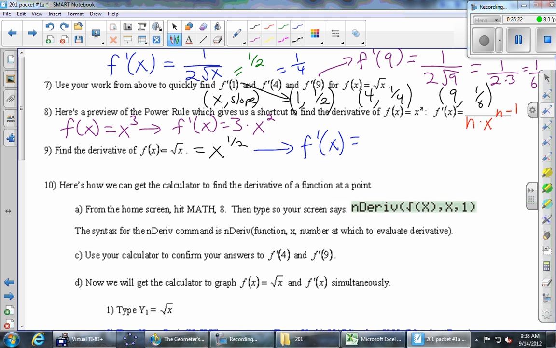Don't forget to use good notation. You're finding a derivative, give it a label. F prime of x equals. So what comes down in front? 1/2. Then we copy the x. Then we subtract 1 from the power and we get negative 1/2. So in theory, that's the derivative of the square root function.